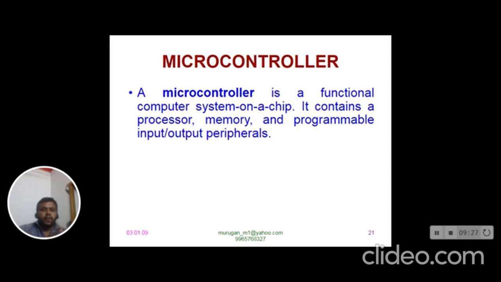It consists of memory, a processor, and programmable input and output peripherals. A microprocessor is only doing a program, but a microcontroller does a program, gets a value, and gives the output. So it consists of all the input and output peripherals in a single chip.